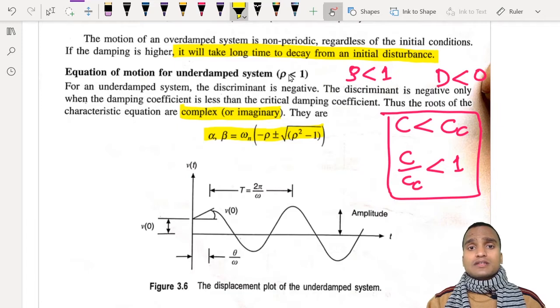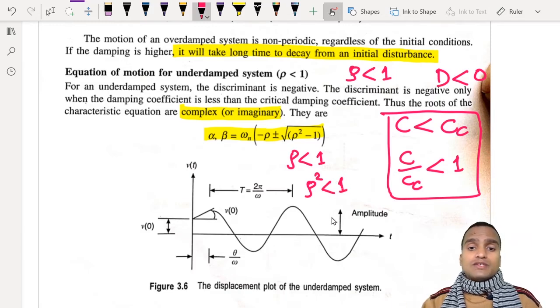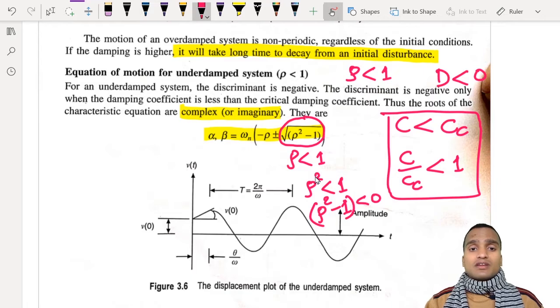But here since rho is less than 1, rho square also is less than 1, so rho square minus 1 is negative. You understand this? So this value is negative, so this will give an imaginary number.